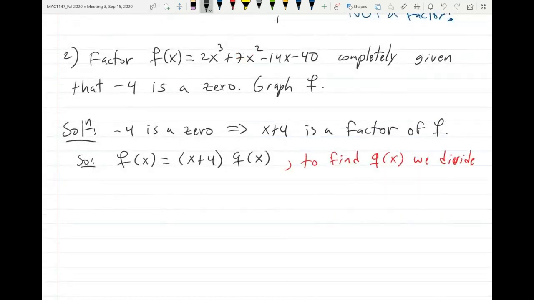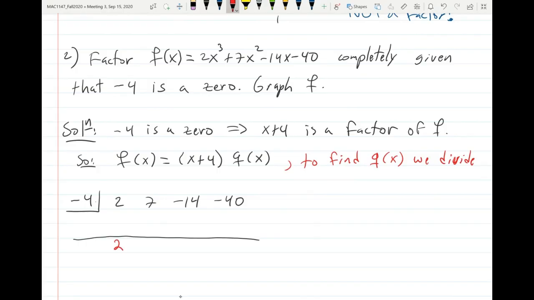Here you can do it however you want, but synthetic division is the fastest, okay? So that's what I'm going to use. I'm going to divide the polynomial f by x plus 4. And we have to get 0 because we know that x plus 4 is a factor, okay? All right, let's see. So we bring the 2 down.